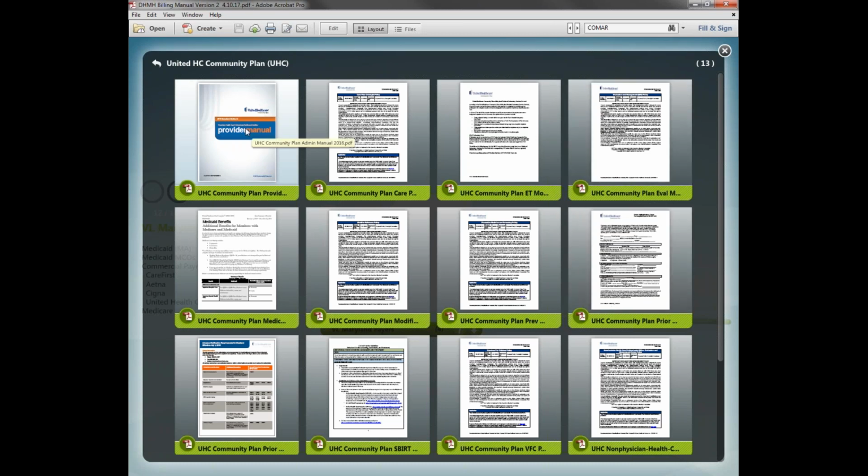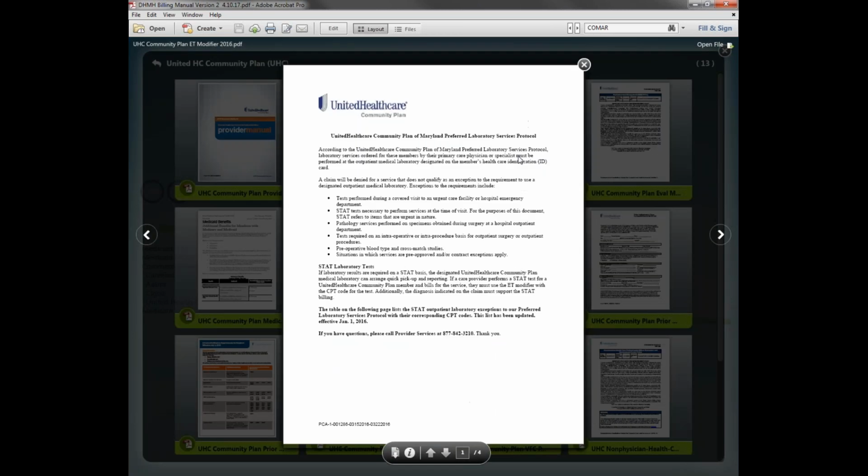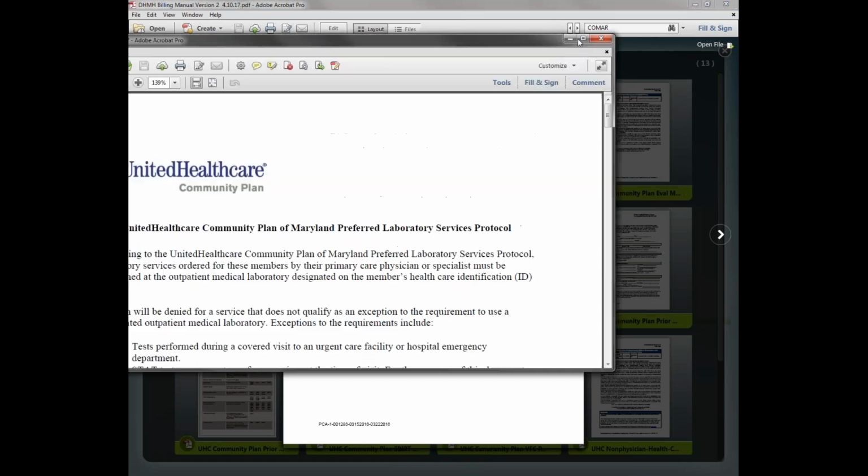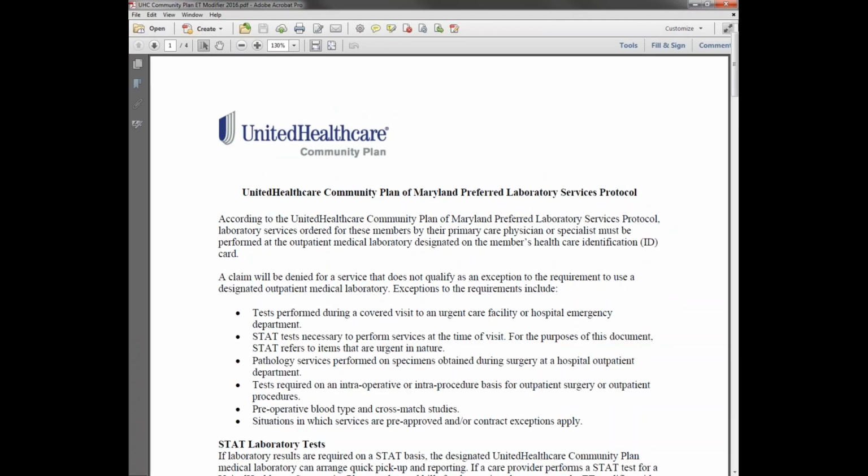One thing I will mention about United is that something came up a few years ago, that they require an ET modifier. This is the form I'll show you. And I think most of the health departments are aware of this now.